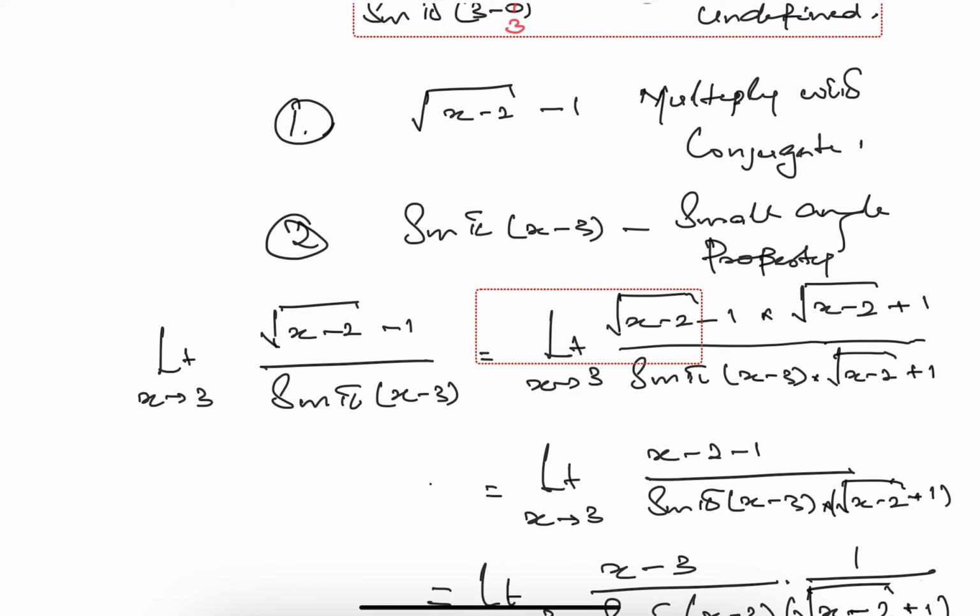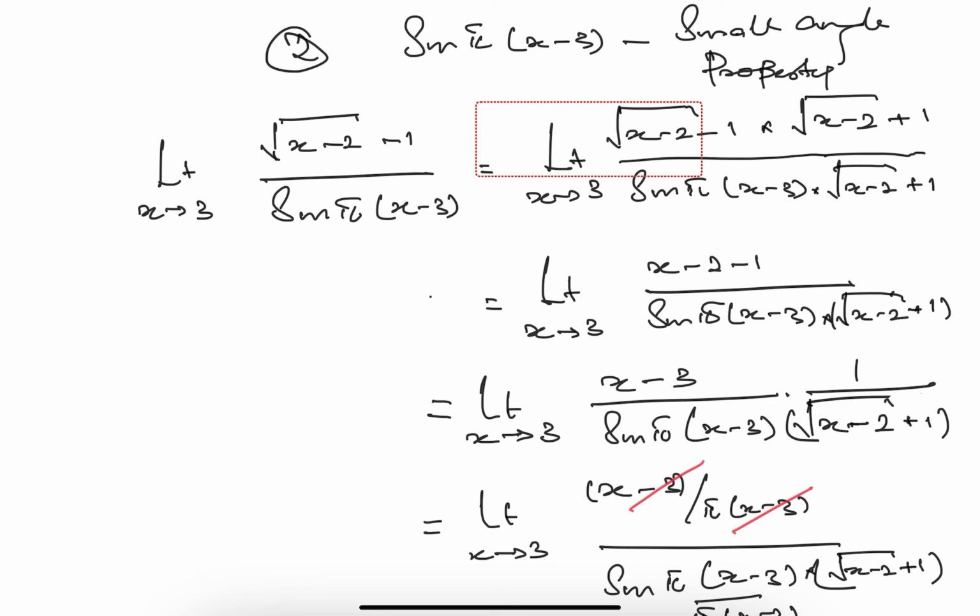We multiply the conjugate top and bottom in order to keep the function the same. The top is (root of (x minus 2) minus 1)(root of (x minus 2) plus 1). That's a minus b times a plus b, which is a squared minus b squared. A squared is x minus 2 and b squared is 1.